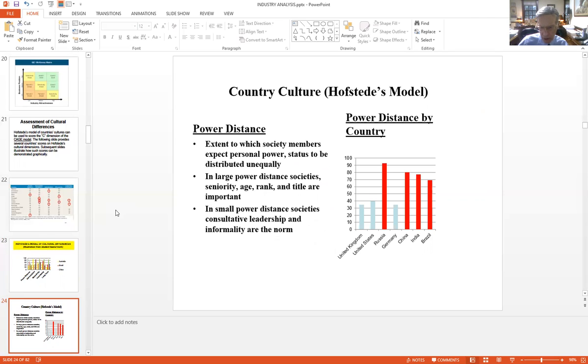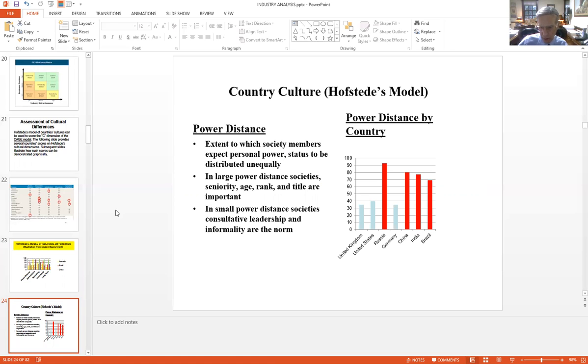And here then is a little comparison of several countries based on these 5 dimensions with some comments on the left. And again, when you get a hold of the PowerPoint slides or review this material, you can look at the bullet points. But power distance, you can see that Russia has a very strong sense of status.